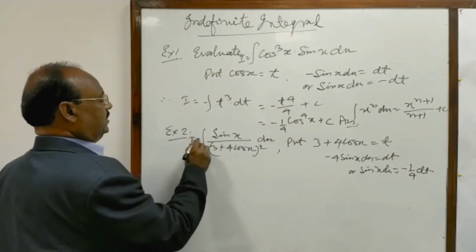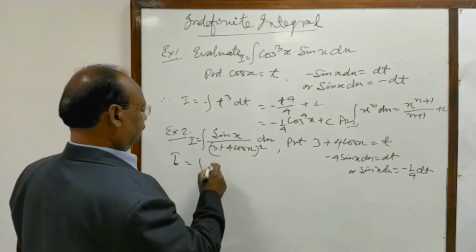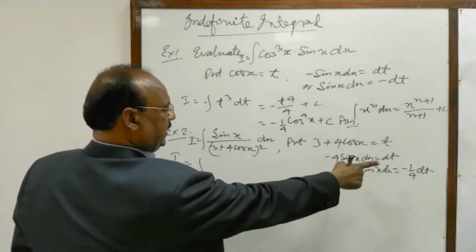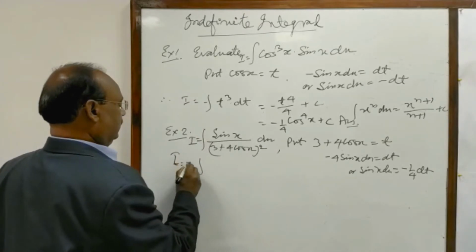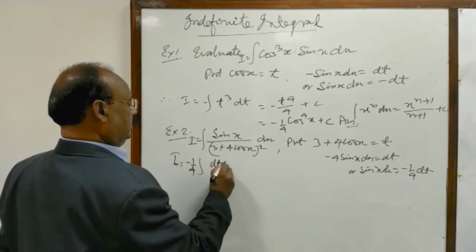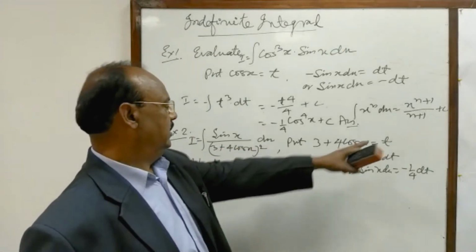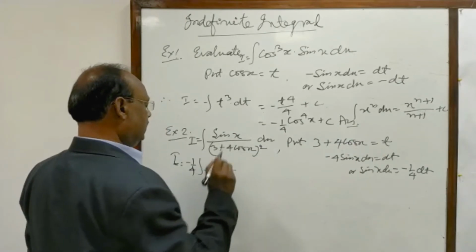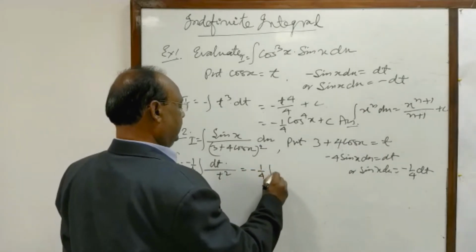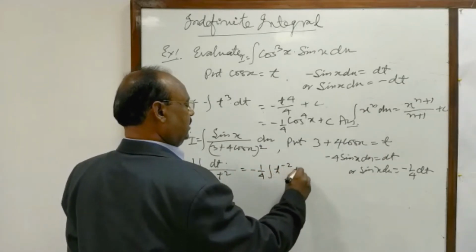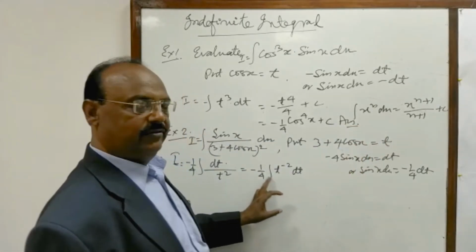So now this integral can be written as integral of sin x dx is minus 1 by 4 dt. So we can write here minus 1 by 4 and dt, and here the denominator 3 plus 4 cos x is t, so this is t square. This can be written as minus 1 by 4 integral of t to the power minus 2 dt. So with the help of the same formula we can evaluate it very easily.